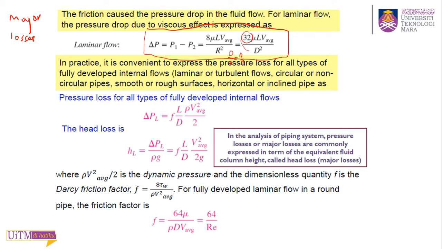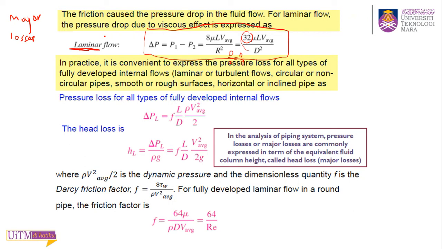That's why in the first chapter we learned how to calculate whether the flow is laminar or turbulent from the Reynolds number. When you know that your fluid is laminar, you can just use this equation to calculate your pressure drop. Remember, this is for laminar flow.